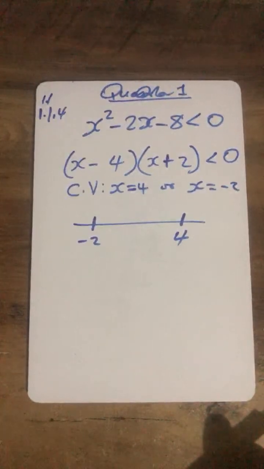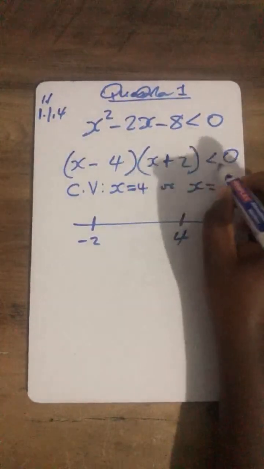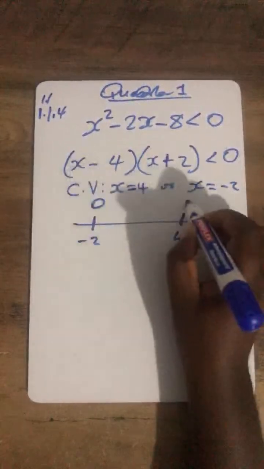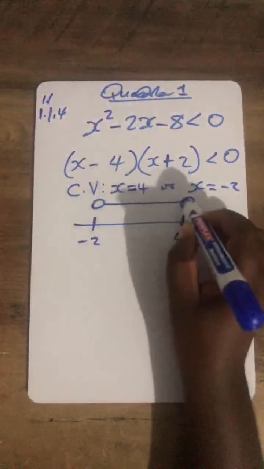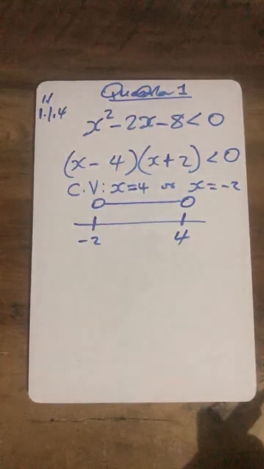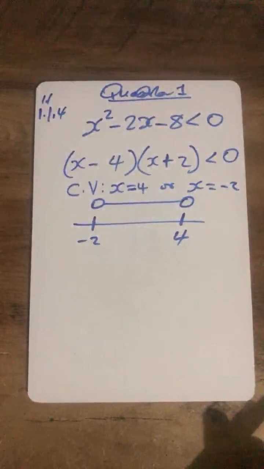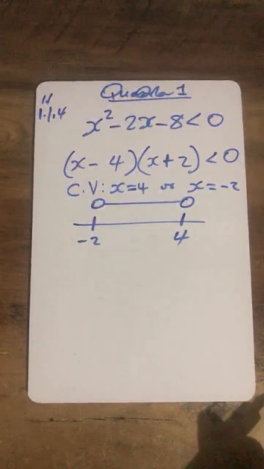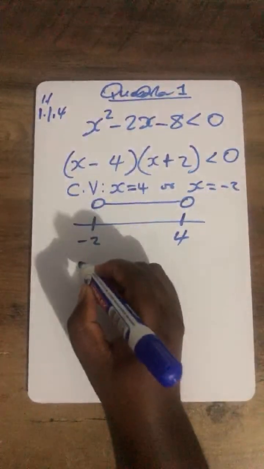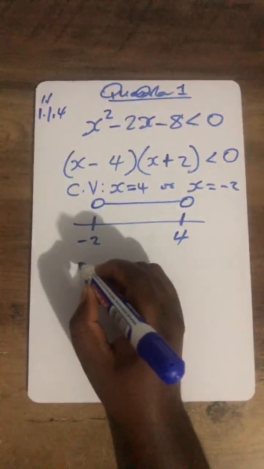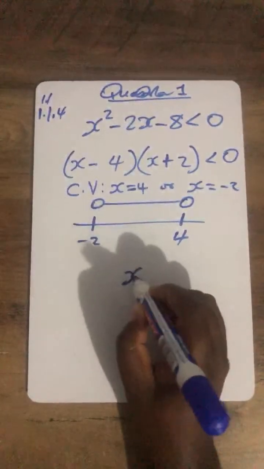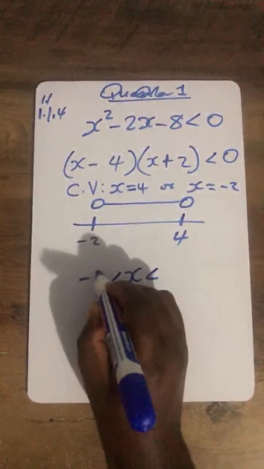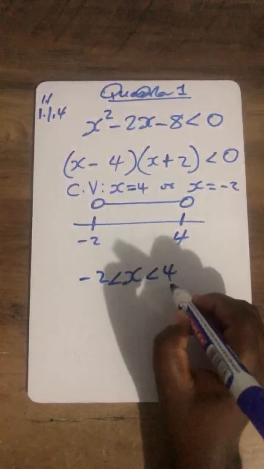I'm just not sure if you guys remember that when you have less than there, you just have those circles which are not shaded, and then you just have a line connecting those two. I will at a later stage take you through that lesson. Otherwise, remember, you can still write it as x being between negative 2 and 4.